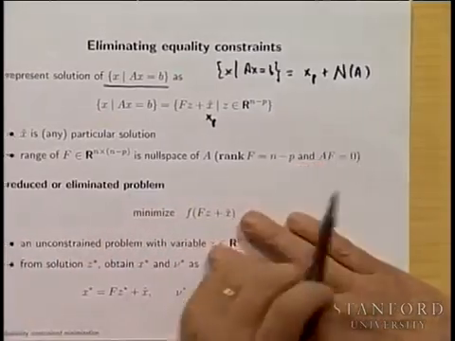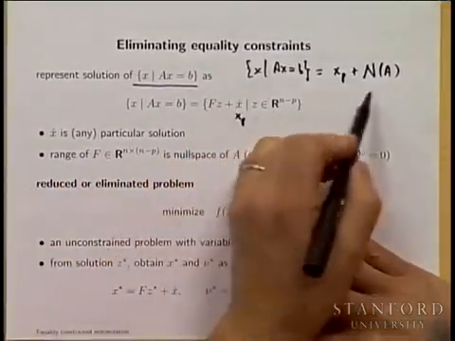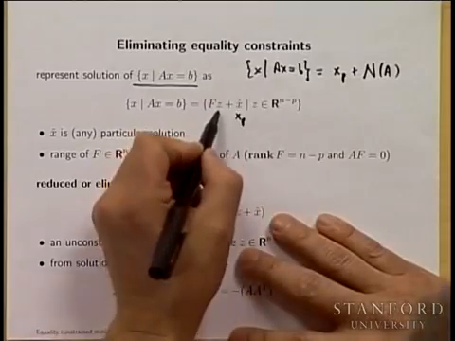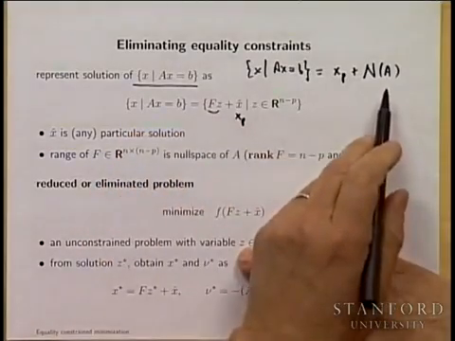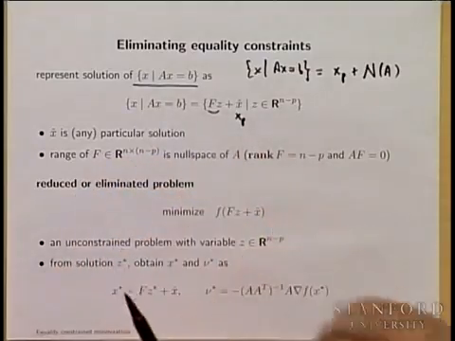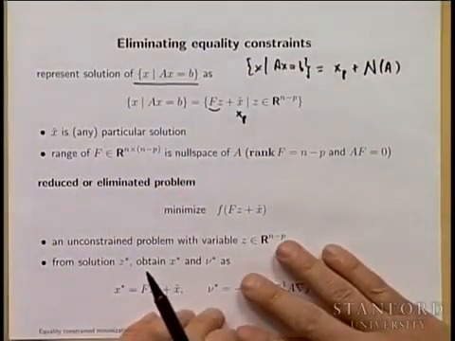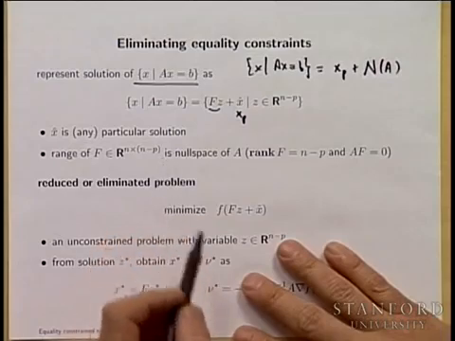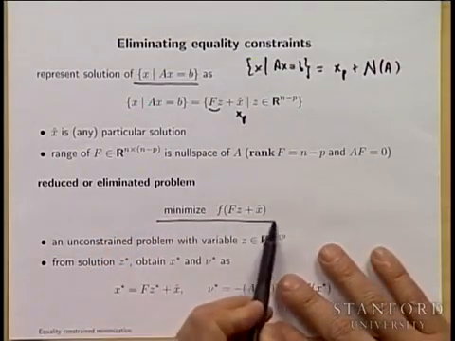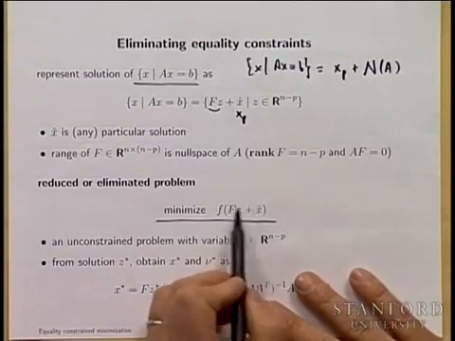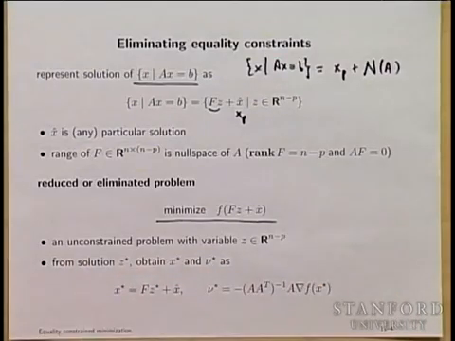Now, to write this out more explicitly, you just calculate a matrix F whose columns span the null space of A. And then this would give you this free parameter representation. Now what you do is no problem. You change variables, and your equality constrained problem becomes this unconstrained problem, because now you have a free parameter representation of any x that satisfies Ax equals b.